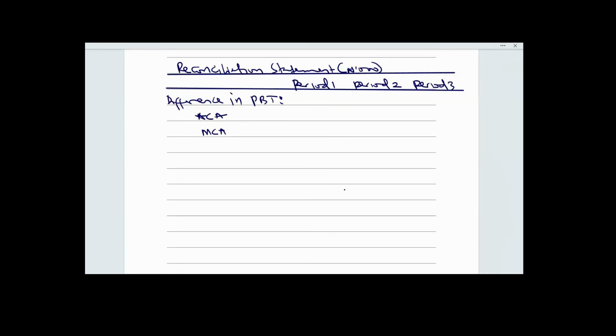In period 1, let me do it this way so that we have two different columns. Let me just do anyhow.